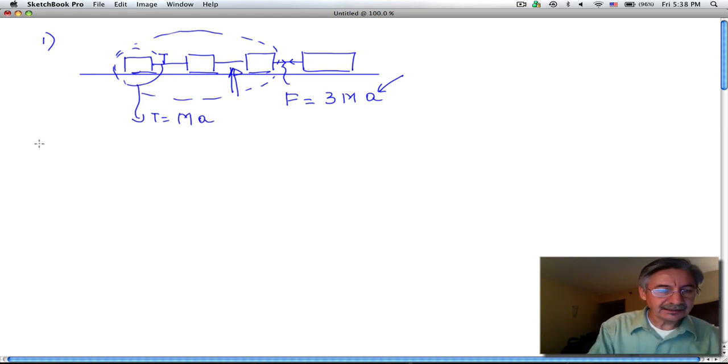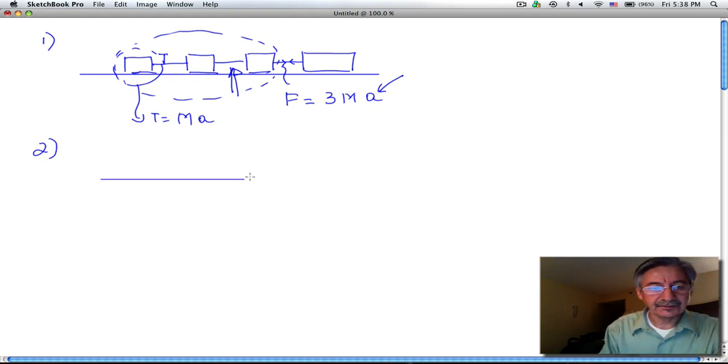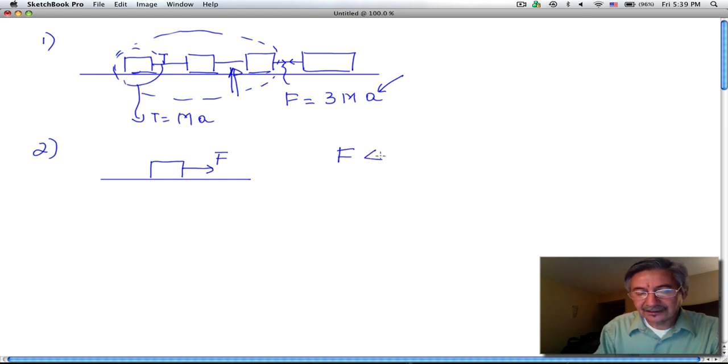Number 2 is a problem about friction, and this is the case of, first of all, the horizontal object. The horizontal object, you have to pull an object or push on an object in order to set it in motion. And if you pull on an object with a force F and the object does not move, it means that that force is less than the coefficient of static friction times the normal.